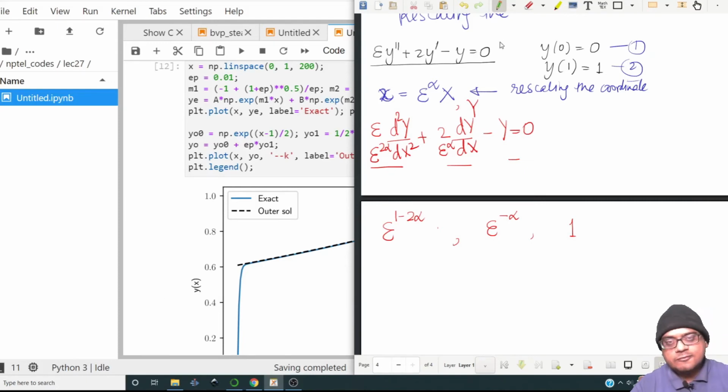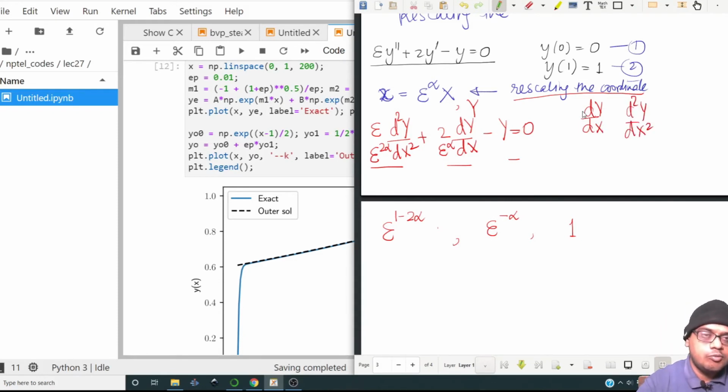We assume that upon rescaling, dY/dX and d2Y/dX2 behave more uniformly over the compressed domain, that is, they are order 1, and thus the order of each term is decided purely by the prefactor.